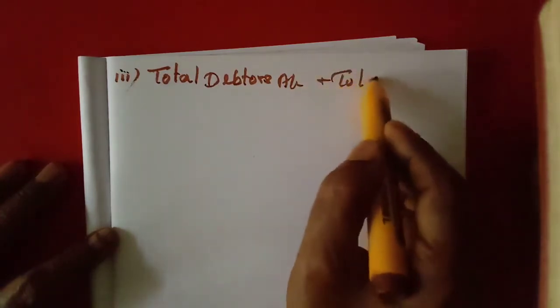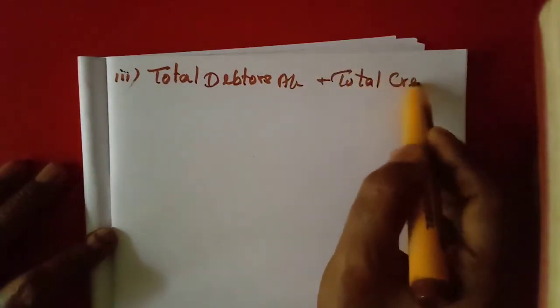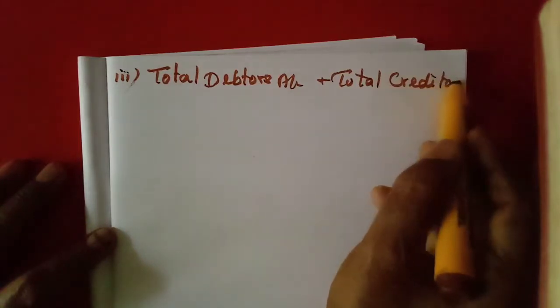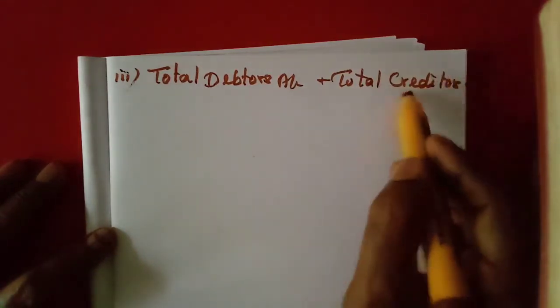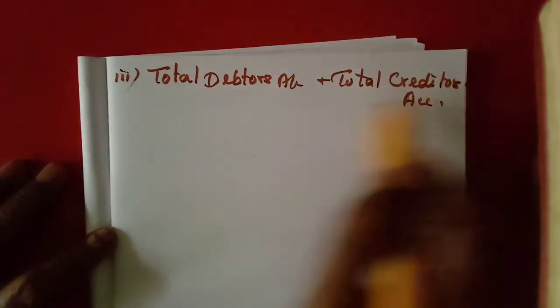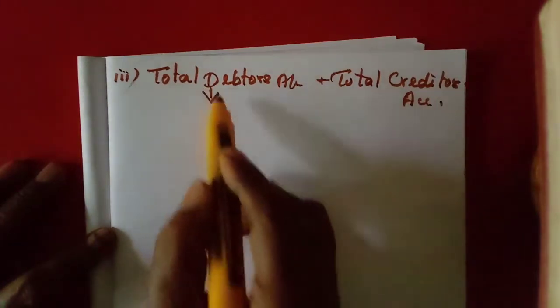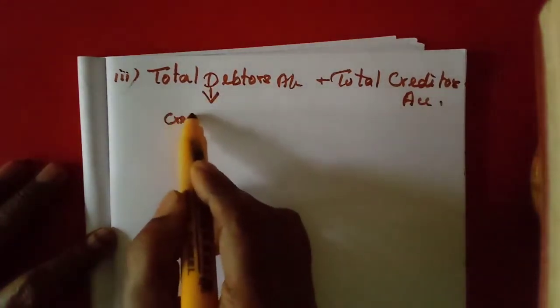Maybe the total debtors account and total creditors account we have to prepare. From this one we can calculate the credit sales.